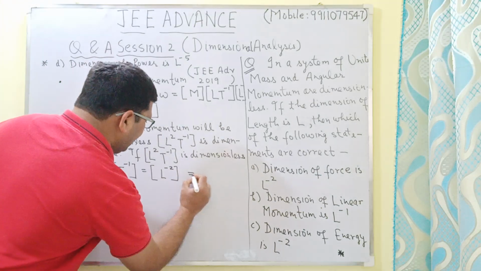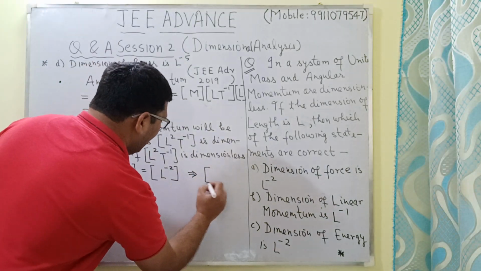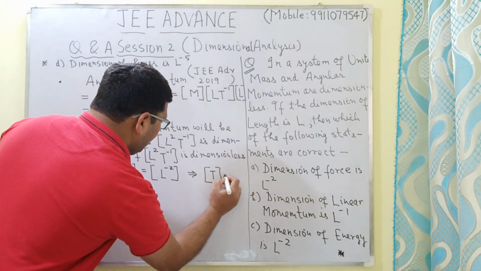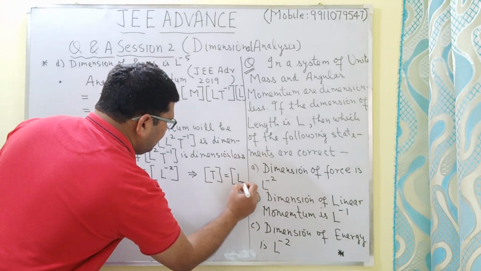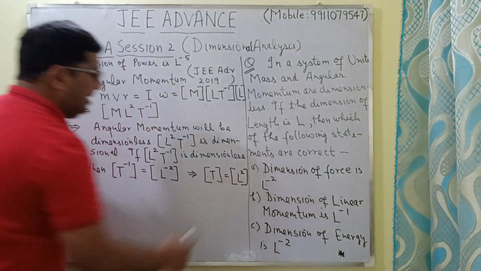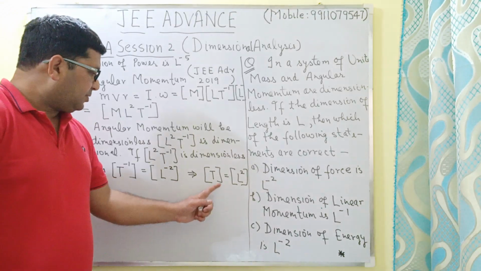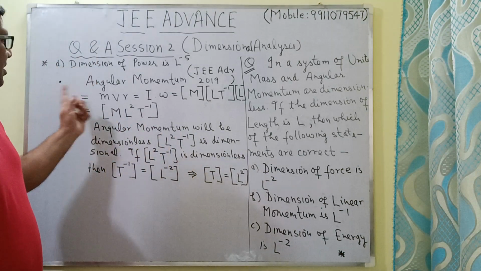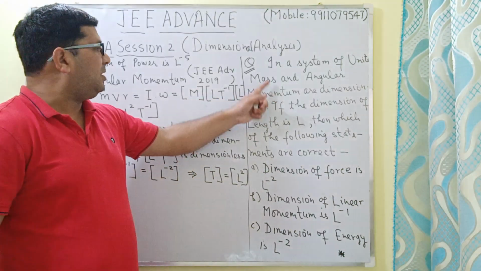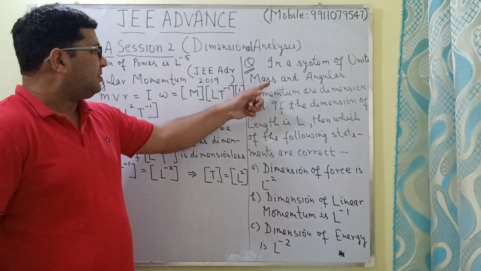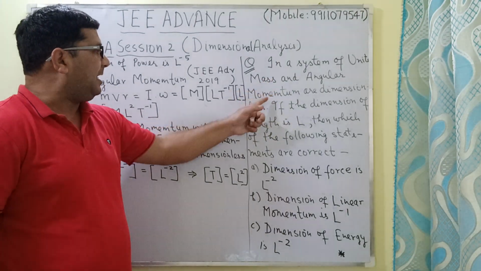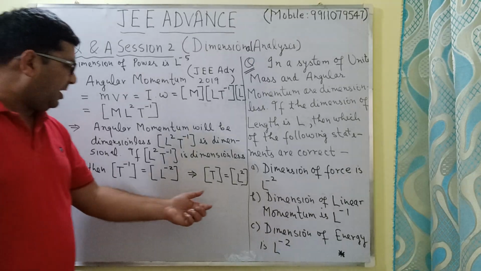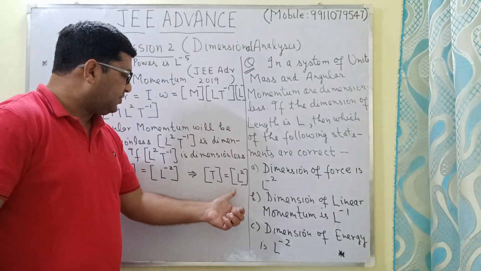So it implies that the dimension of T should be equal to L square. So from these two conditions, that is mass and angular momentum are dimensionless, I have found the dimension of T which is equal to L square.